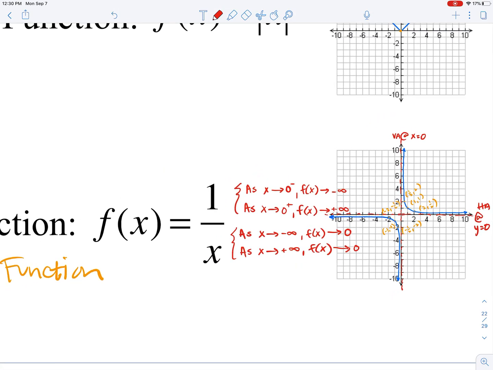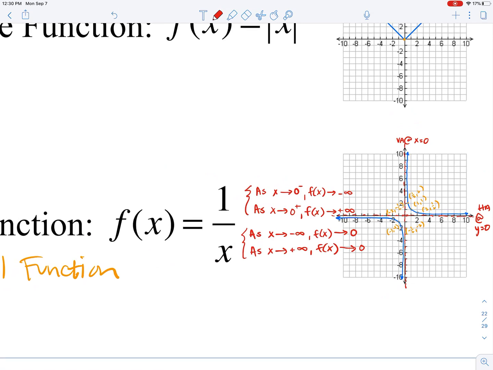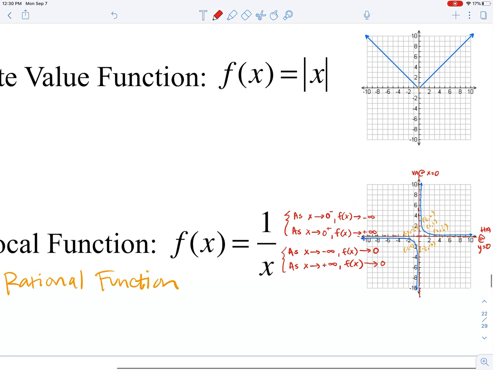So for now, it's important that you know that the horizontal and vertical asymptote exist for this particular function, f of x equals 1/x, because this is one of the important parent functions that we use in section 1.3 to graph by translations and transformations.